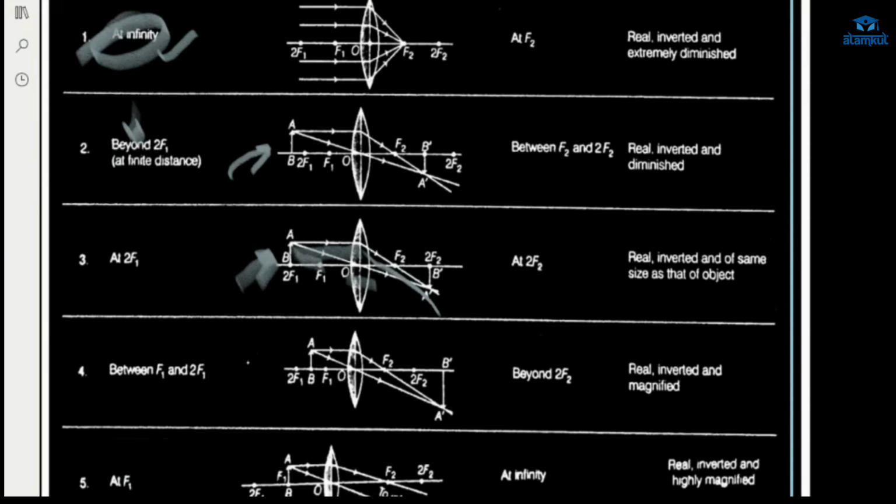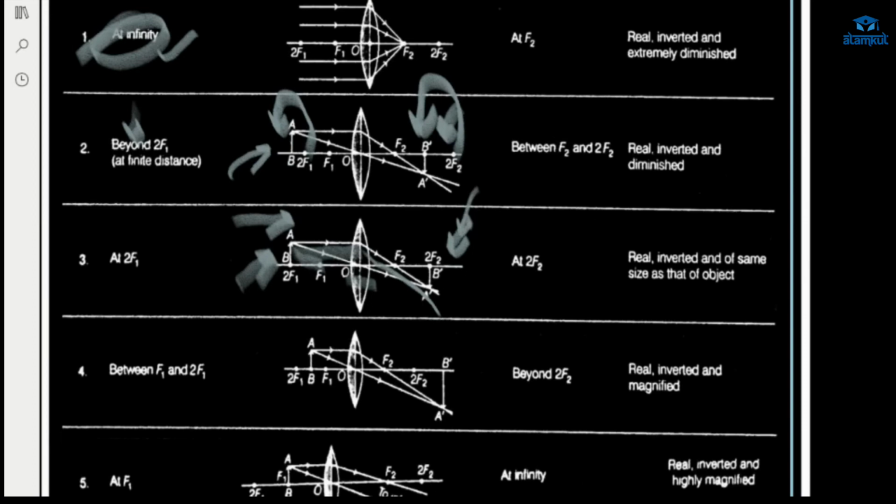Then the image will form at 2f2. In the previous case, the image was formed between f2 and 2f2. When the object was beyond 2f, the image formed within 2f. Now we have put the object at 2f1, so the image will also form at 2f2.